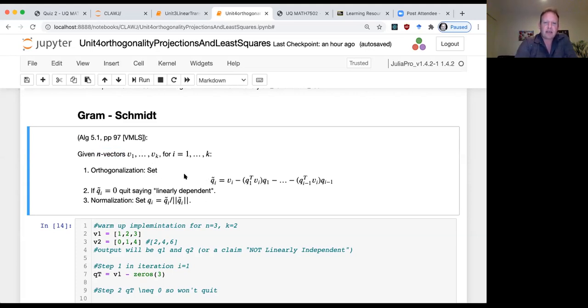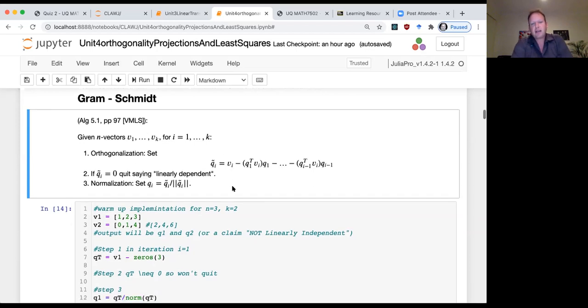The first thing we do is take this vector qi tilde, indexing 1 to k. qi tilde is the ith vector after we subtracted from it these terms, and we'll see in a second what this does.